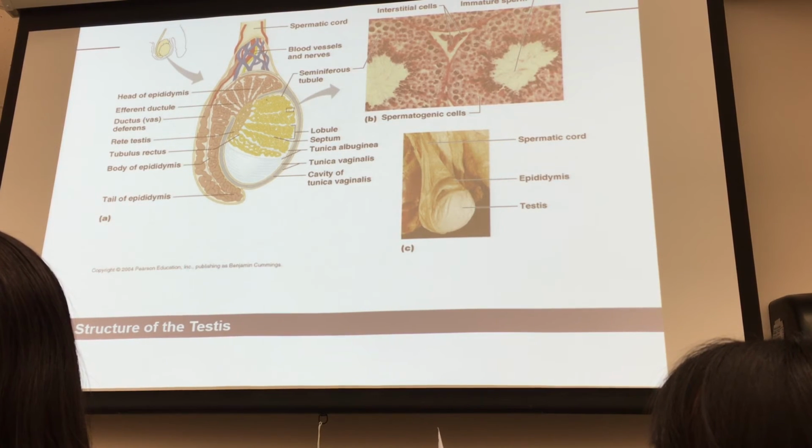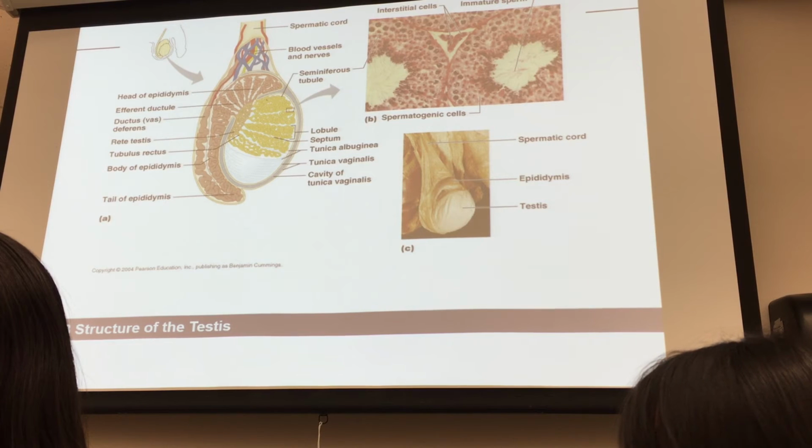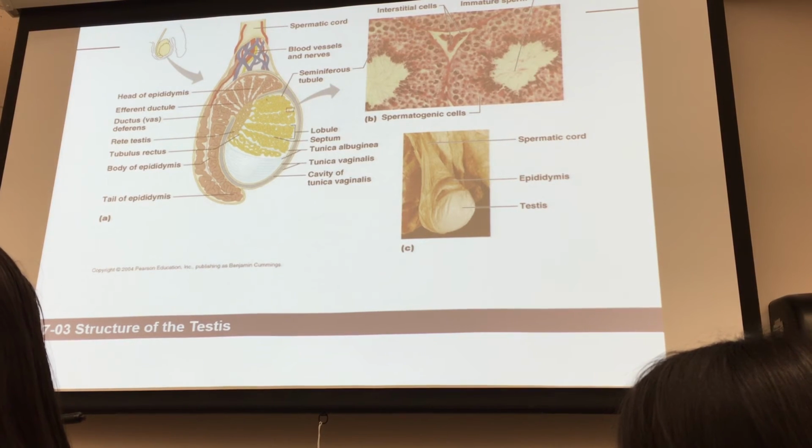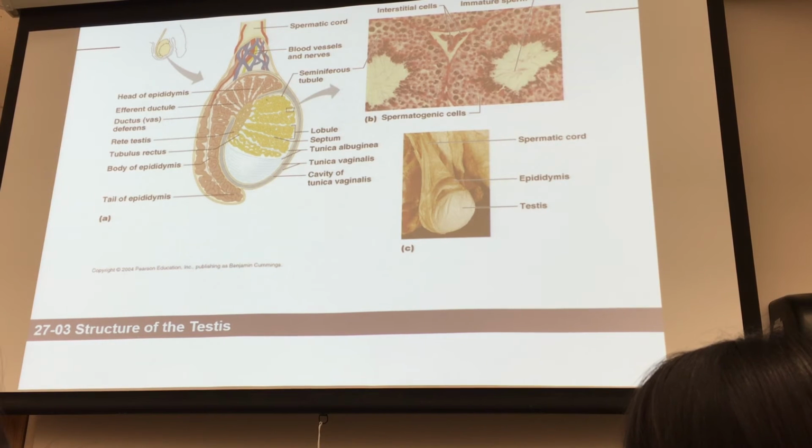Oh boy, that's on the test. The sustentacular cells. These are all in your notes, believe it or not. Sustentacular cells create the blood testes barrier. That's why we haven't ever been able to really create a male birth control pill, because of that little cell that doesn't allow chemicals to get to the sperm.